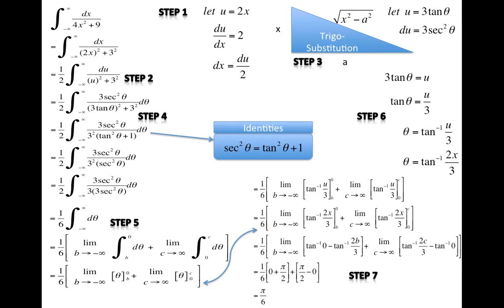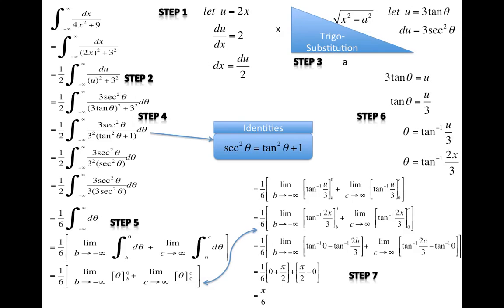We need to break these out because if we substitute infinity in directly, we get an undefined answer. So as we proceed to the next line, the integration of d theta is theta.